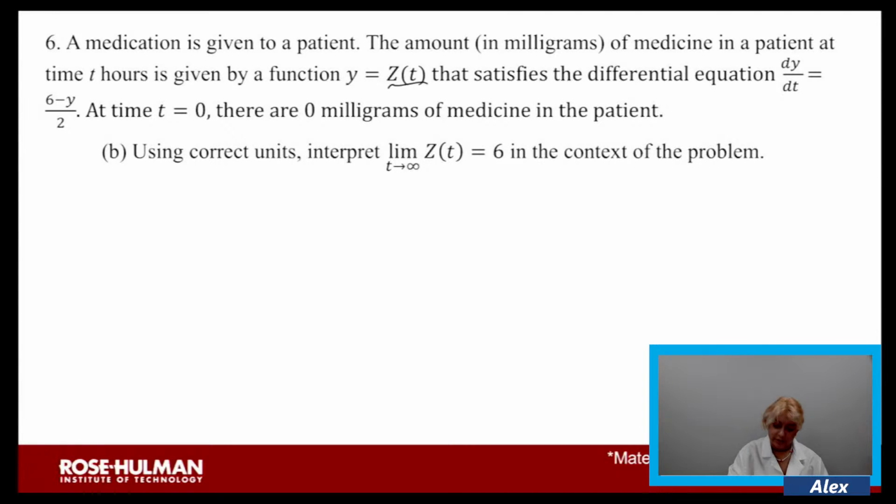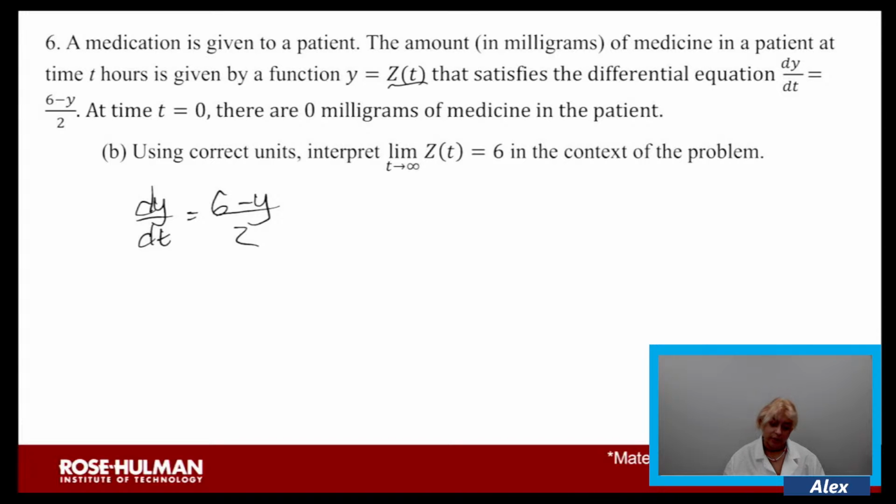Essentially, because dy over dt equals 6 minus y over 2, that causes a problem at y equals 6.